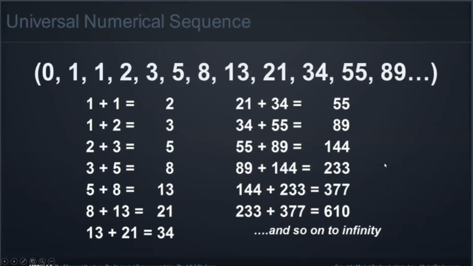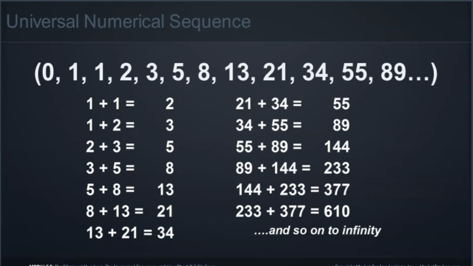Fibonacci developed a sequence and he said that this sequence is a universal numerical sequence. This sequence is such that when you add the first number and the next number, I should have the next number.